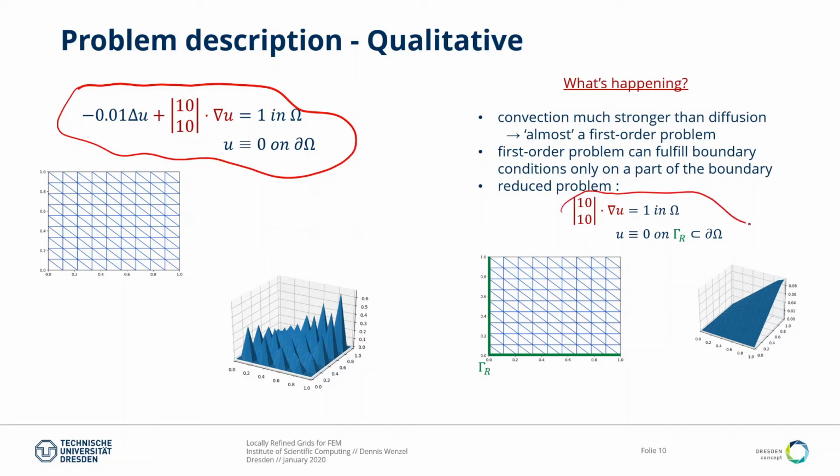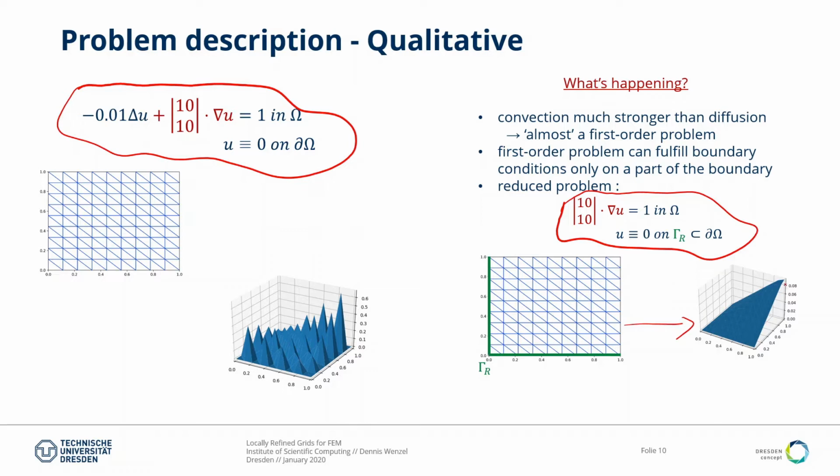You can solve this problem, your first order problem, with half a boundary condition, and this gives you this solution. I've used the same grid that gave me total crap before, and I'm getting a perfectly fine, smooth solution. And why is that? Well, because now I have actually only required half a boundary condition, and that's perfectly fine for my problem. It has no problems fulfilling this half boundary condition.